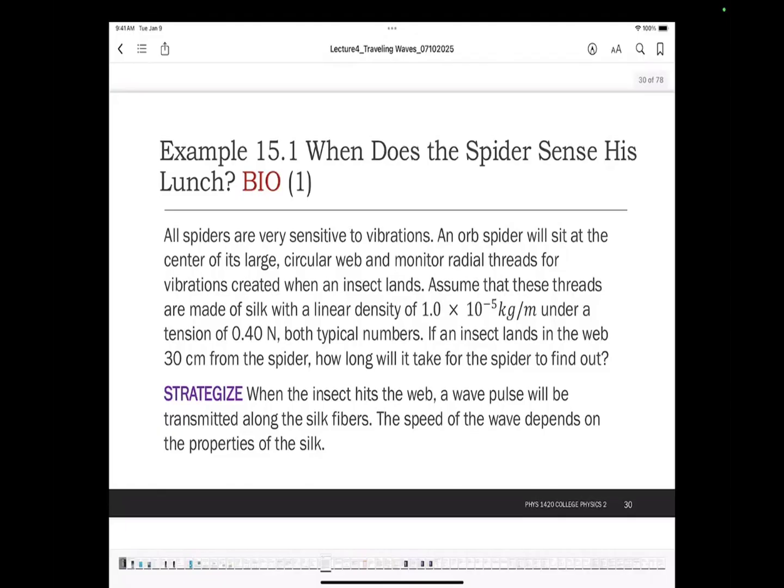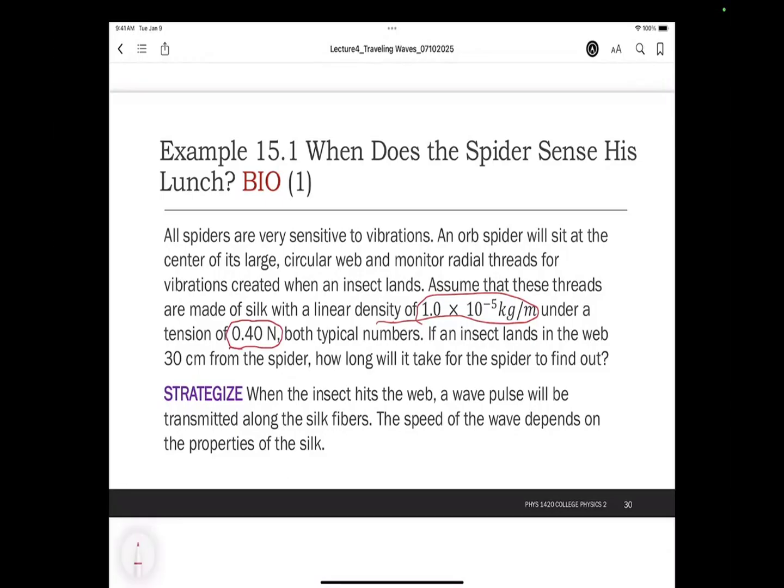Assume that these threads are made of silk with a linear density of 1 times 10 to the negative 5 kg per meter, and under a tension of 0.5 N, both typical numbers.